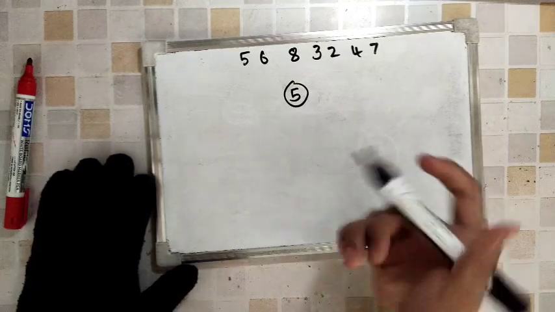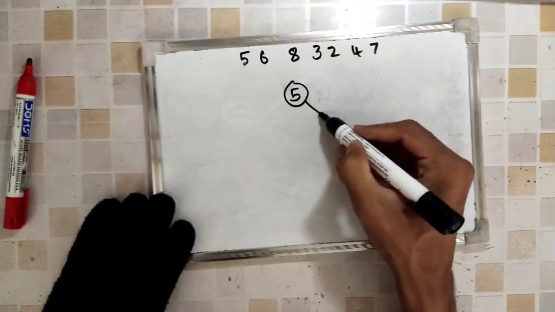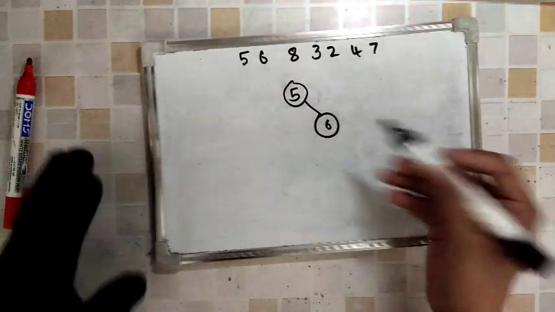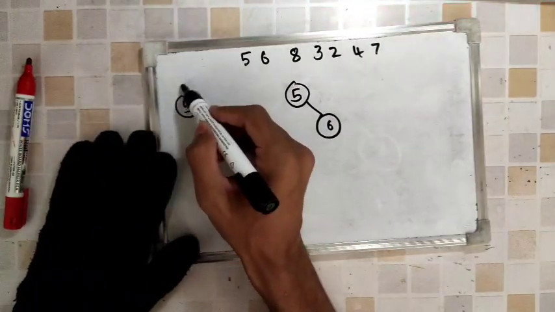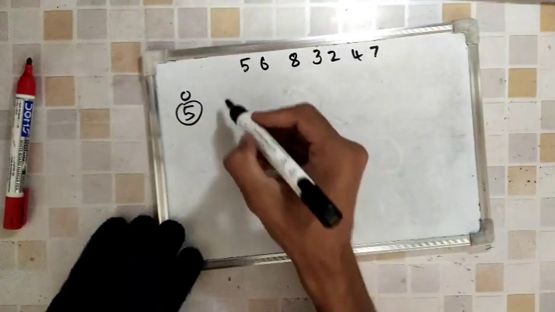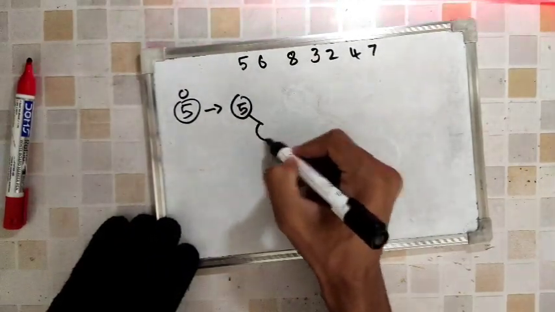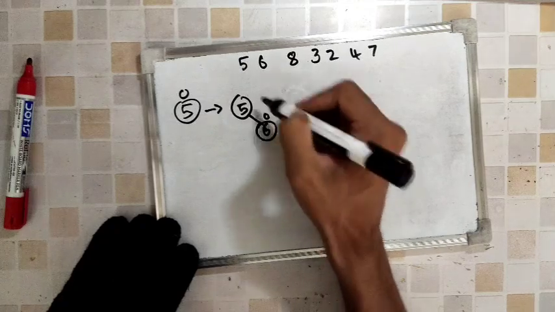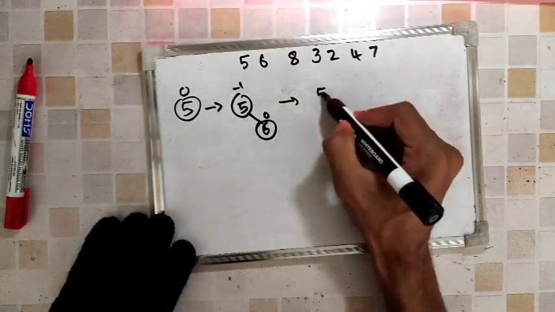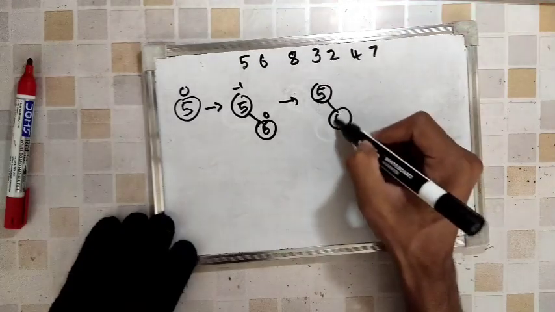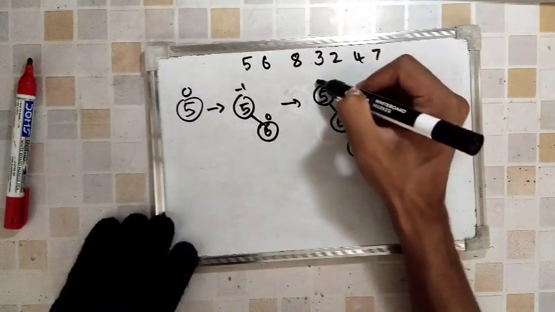Then I will take 6. I will add 6 to the right-hand side of 5. Why? Because 6 is greater than 5. So the balance factor, first I will write 5, the balance factor is 0. Then it changes: 5 and here 6, it is 0 here but minus 1 here. Next number is 8, 5, 6, 8, 0, minus 1, minus 2.